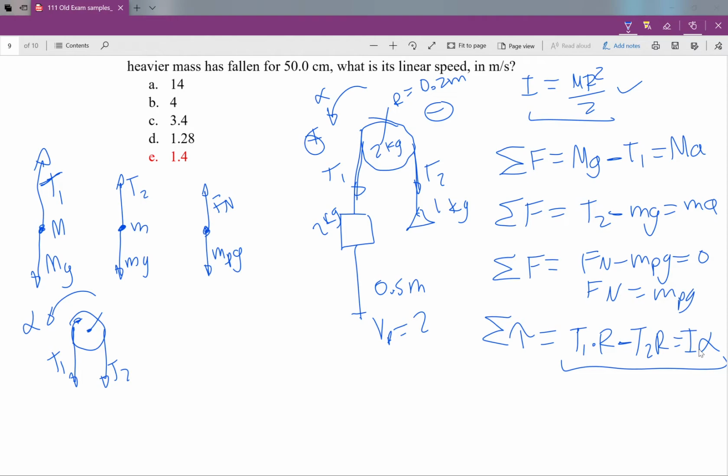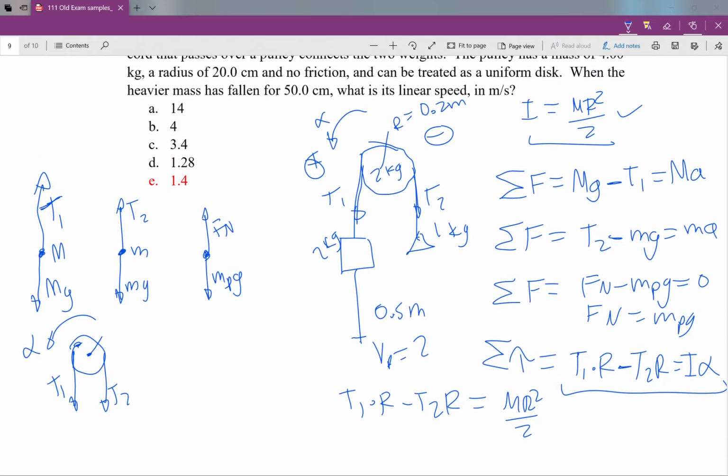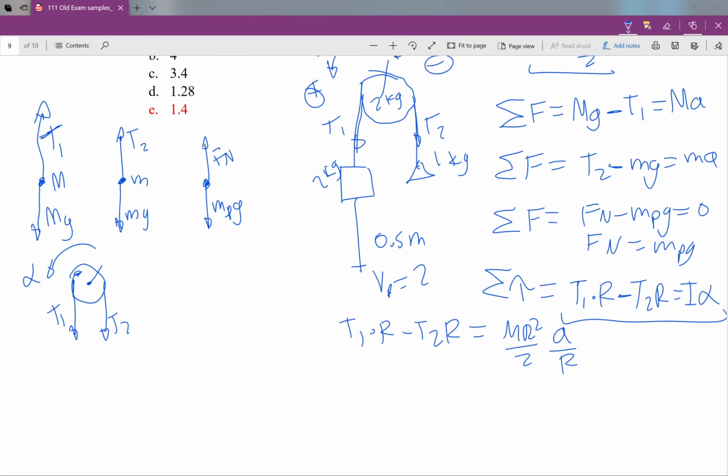So T1 times R minus T2 times R equals mr squared divided by 2 multiplied by the linear acceleration divided by the radius. Look at that, all the r's cancel out. So T1 minus T2 equals m times linear acceleration divided by 2.